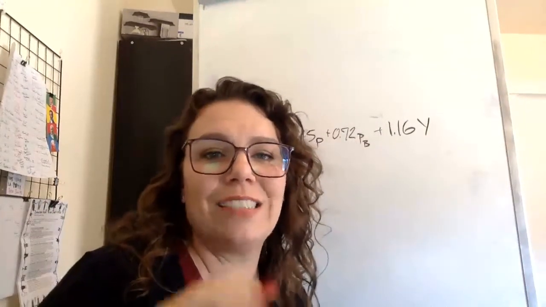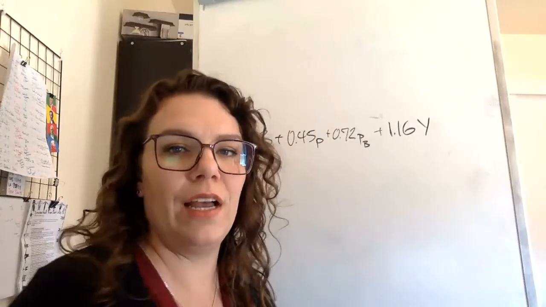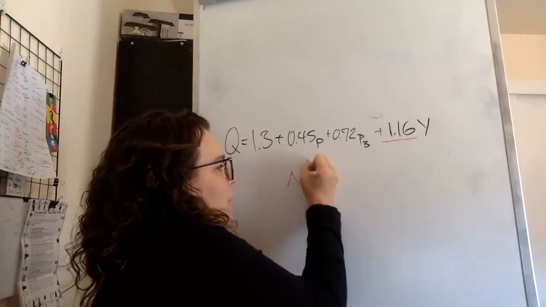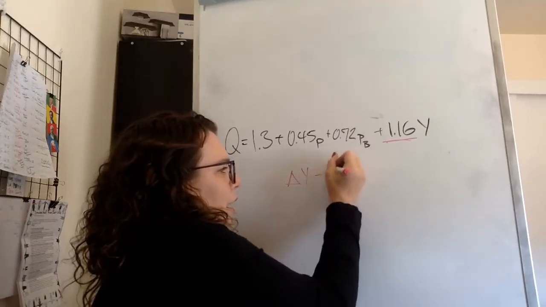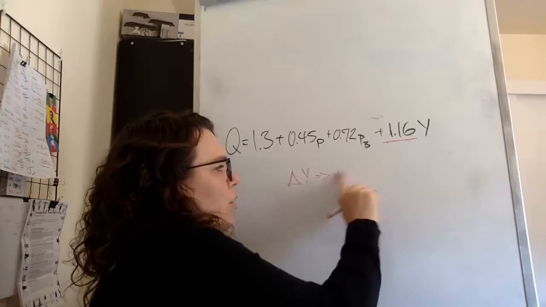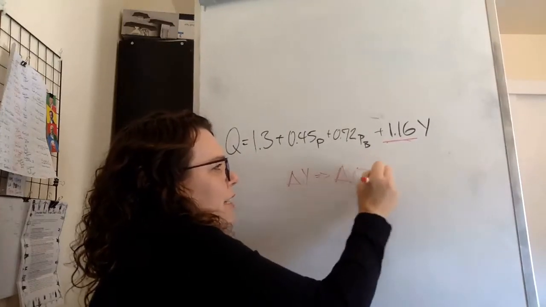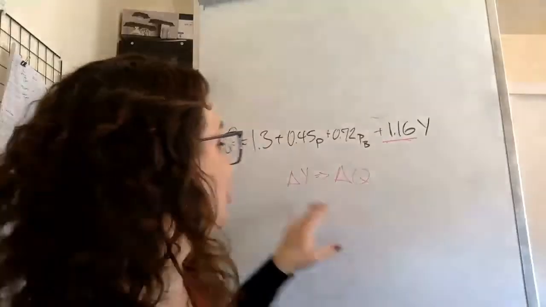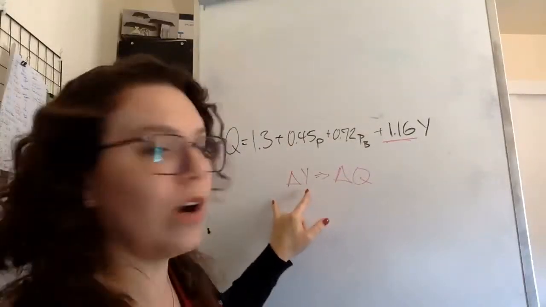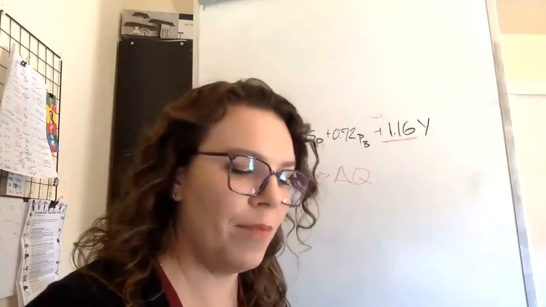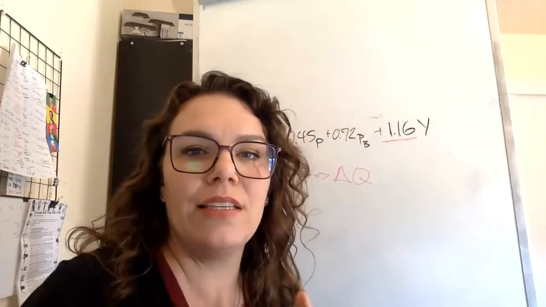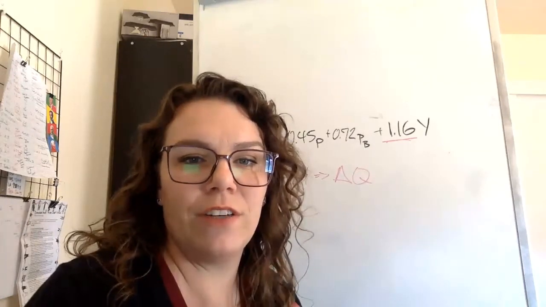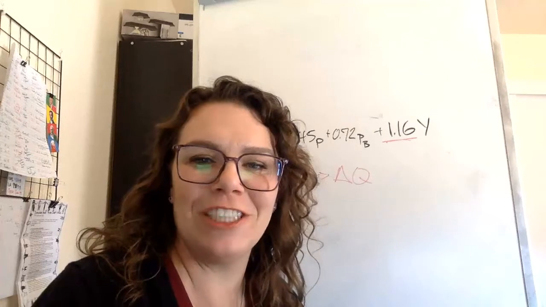The next question asks about the coefficient for income, Y. And remember when we solved for the effect of a change in Y on a change in Q, what we would always find is that this coefficient is the size or the magnitude of the effect of a change in Y on a change in Q. The first thing we want to see is, is it a normal good, an inferior good, a Giffen good, or the demand function for pizza is not a function of income?